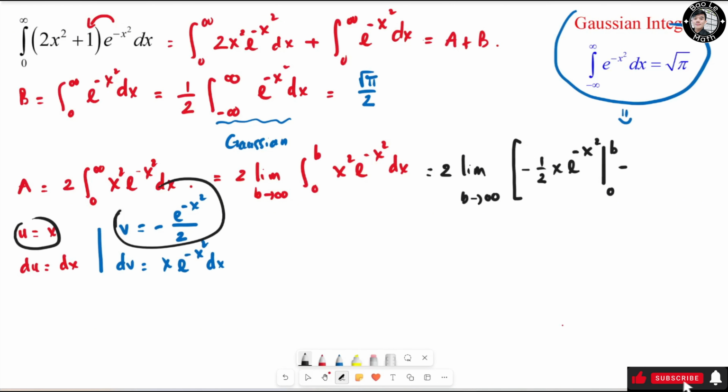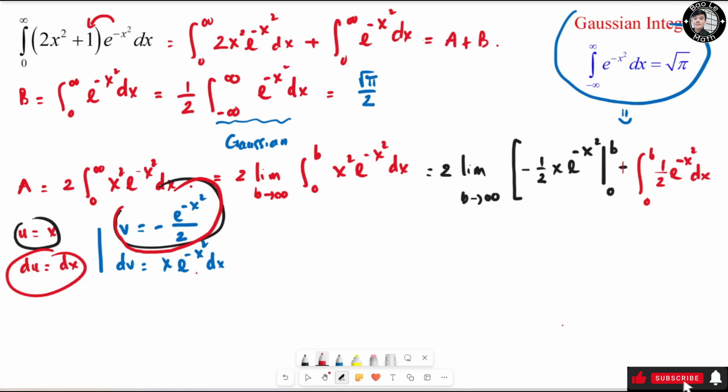You have the negative sign here, so this becomes positive: the integral from 0 to b of 1/2 e to the negative s squared ds.